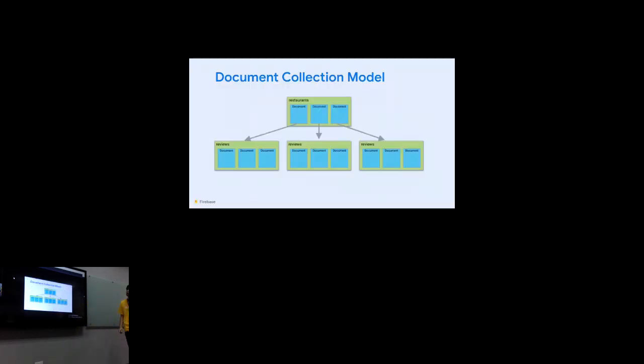Right. So now I will show you another example. This is a diagram about NoSQL. NoSQL is a document collection model. So we have this restaurants collection, and then we have this data which is reviews, right? We have a lot of documents inside reviews. The point is, one restaurant has a lot of reviews, which is quite simple, because if you compare that with SQL, you will do some query, right?